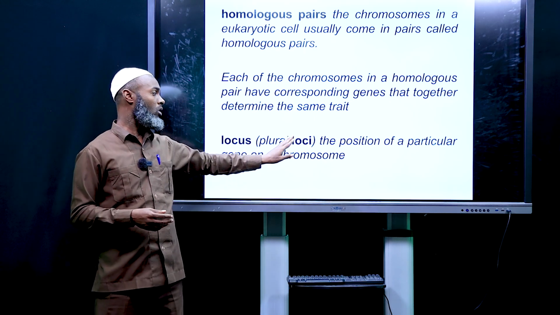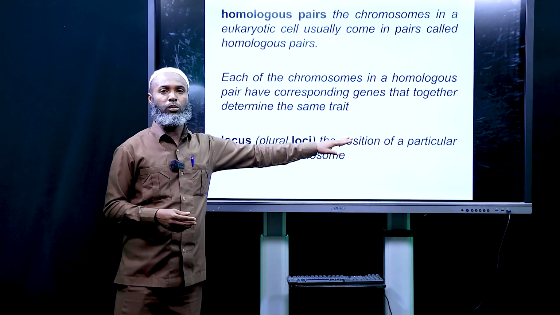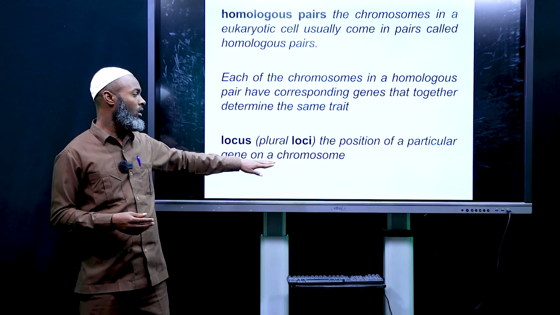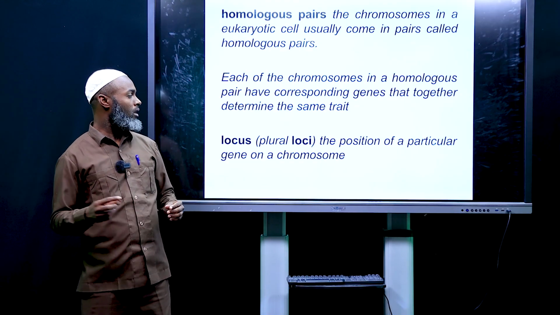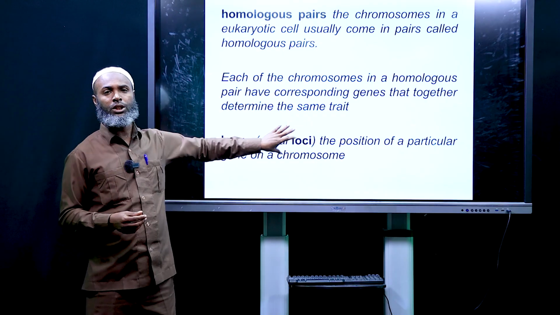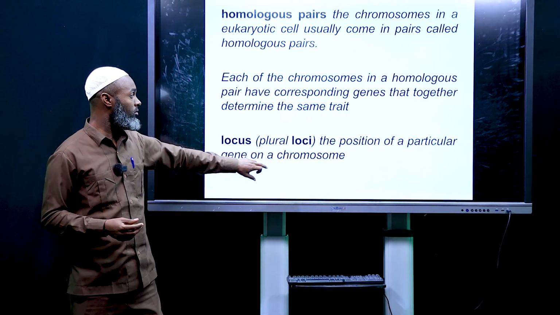Locus, plural loci, is the position of a particular gene on a chromosome. So genes are found on chromosomes. The position of a particular gene is known as the locus.